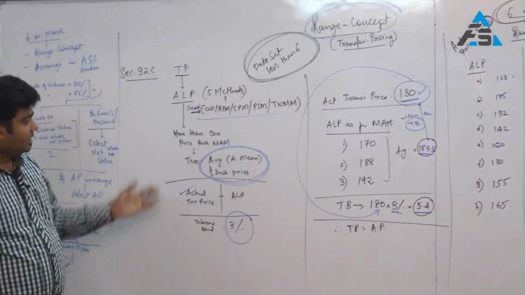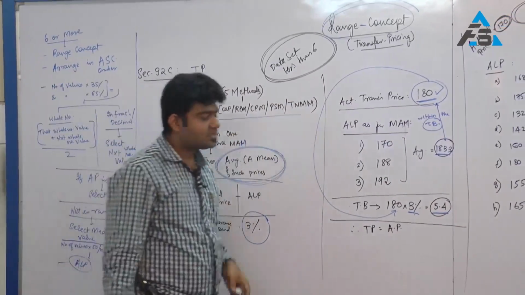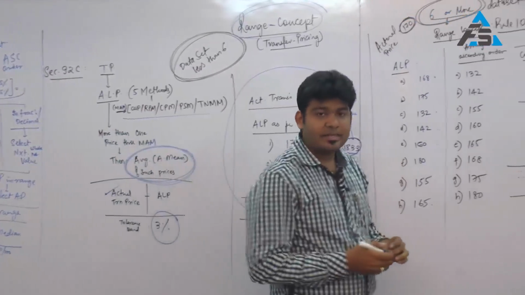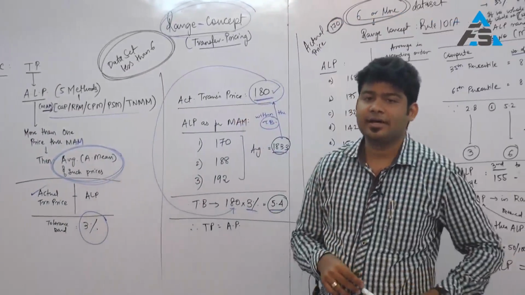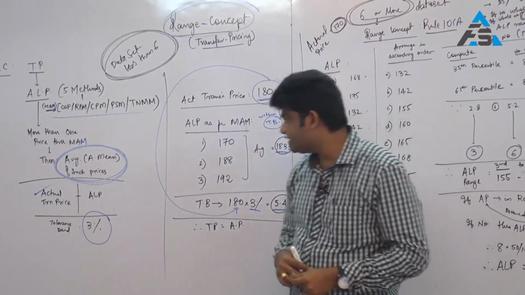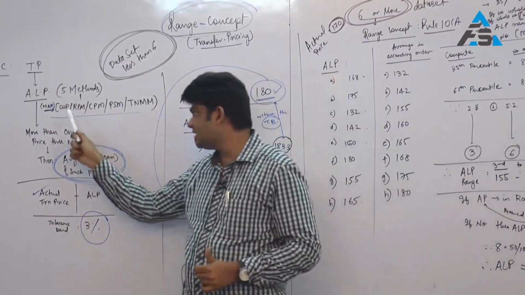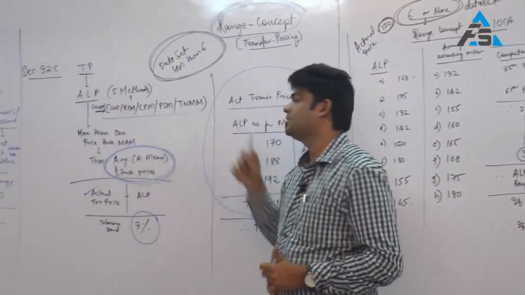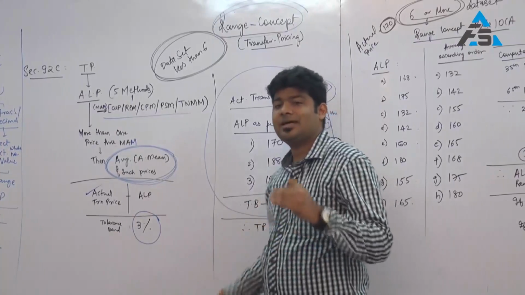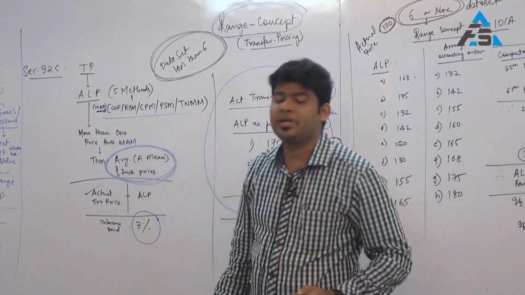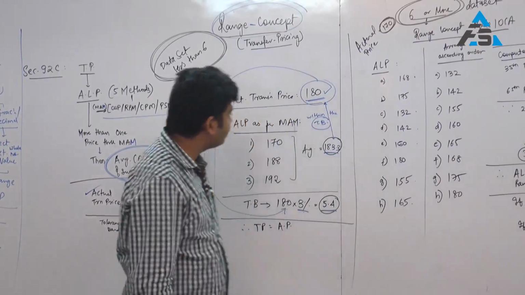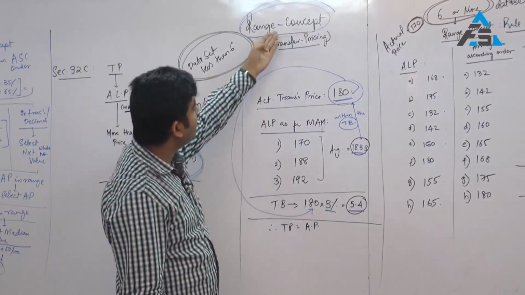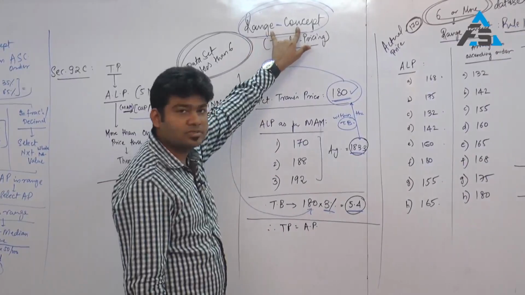Alright. Now this is the scenario when there are less than 6 data sets. What do you mean by data sets? When there are less than 6 arm's length prices determined. If there are 6 or more data sets through arm's length prices, then comes the range concept.